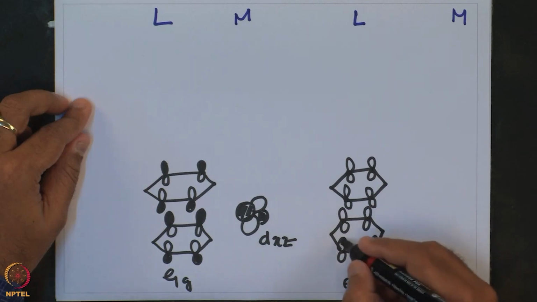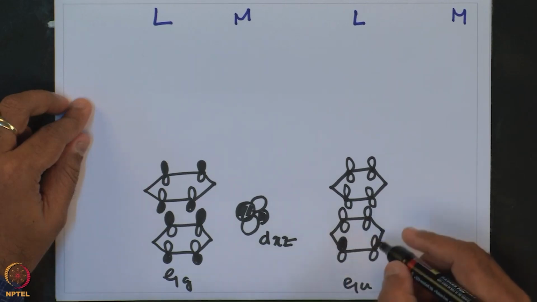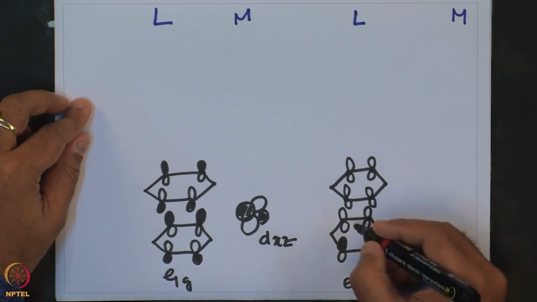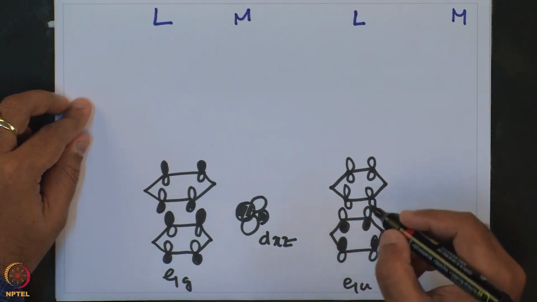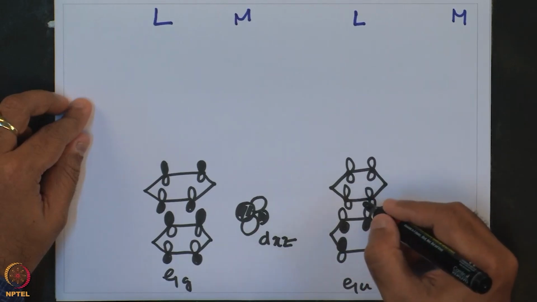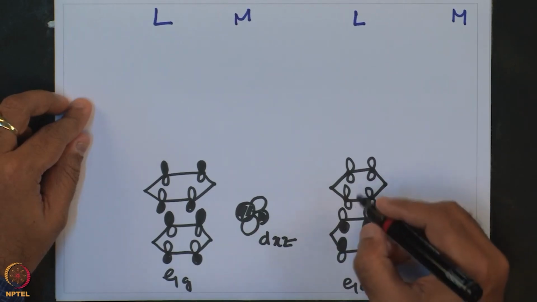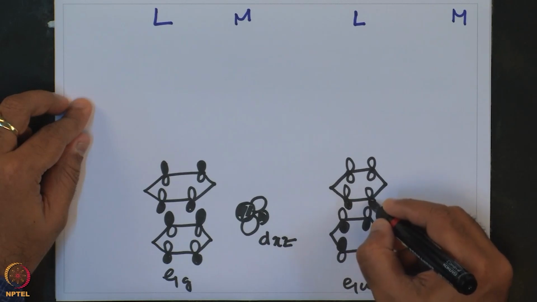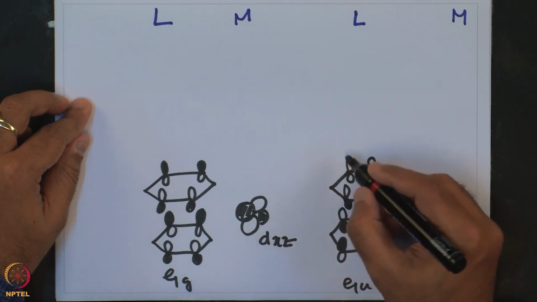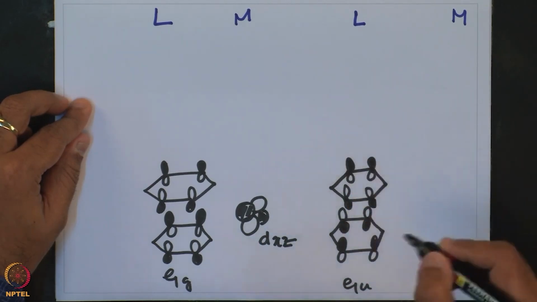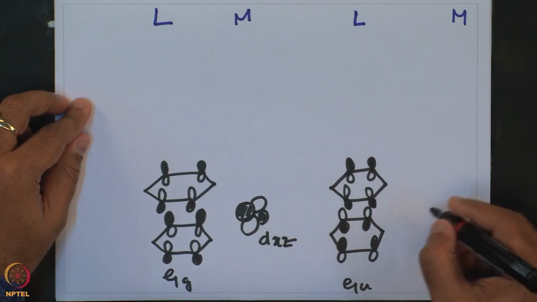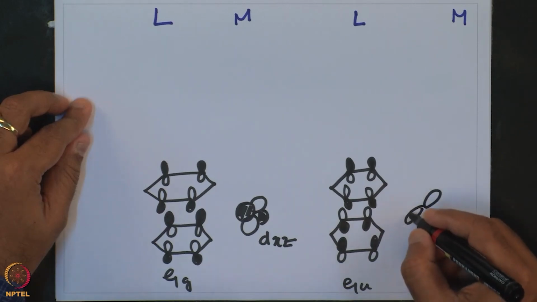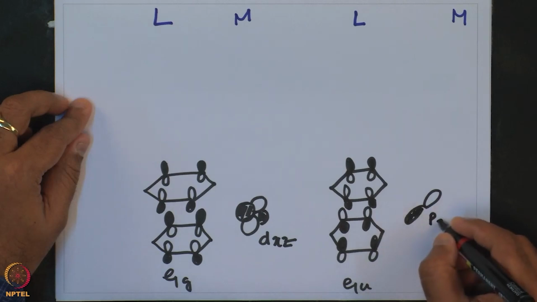In this case, it is as shown, and the orbital of the metal would be px.